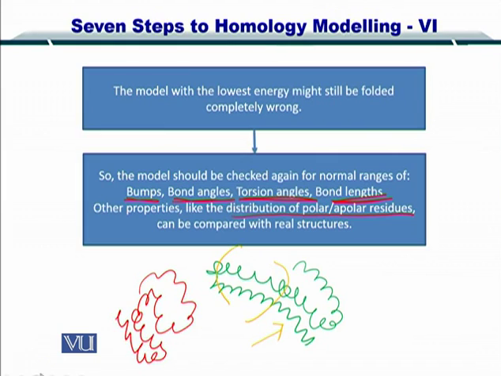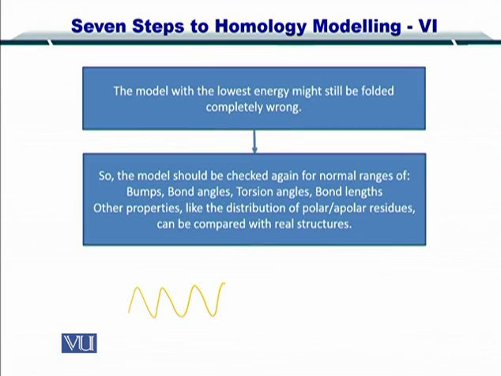Also, the bond angles in the backbone should follow the Ramachandran plot. So this is called the Ramachandran analysis, and it is an integral part of the protein structure prediction problems.